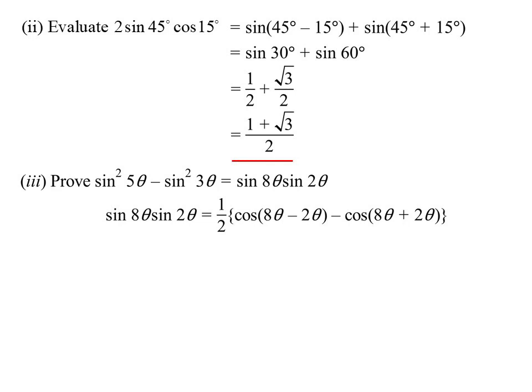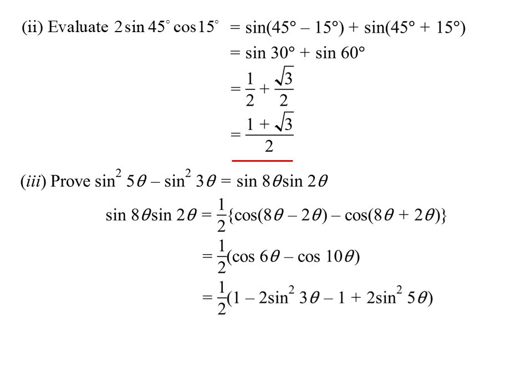But I'll get a half of, because my formula, remember, is 2 sine sine. Must have come from the cos formula, but in this case it's the cos coses that are cancelling, so I'm going to subtract the 2. So I've got cos of the difference of the 2, minus cos of the sum of the 2. 8 minus 2 theta is 6 theta, 8 plus 2 theta is 10 theta. Not quite there. But now I'm going to use my double angle formulas, and that's how I'll create the squares.